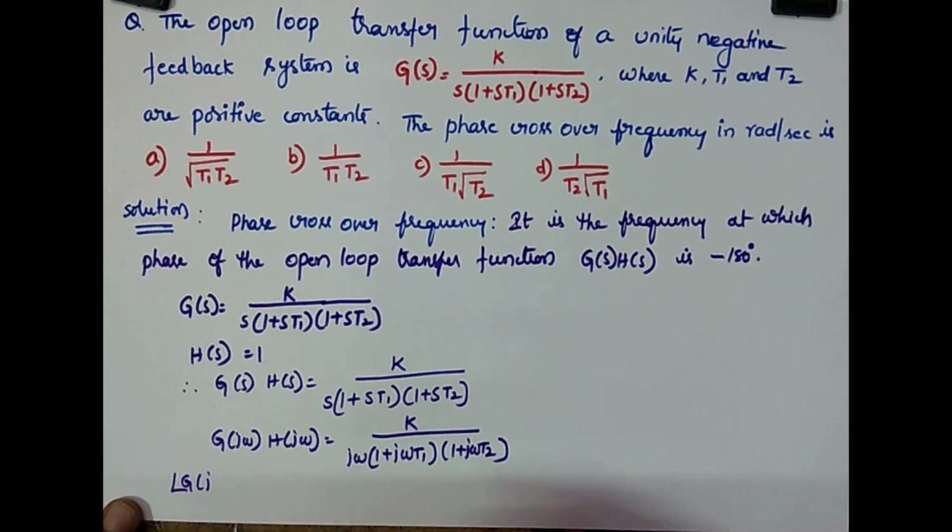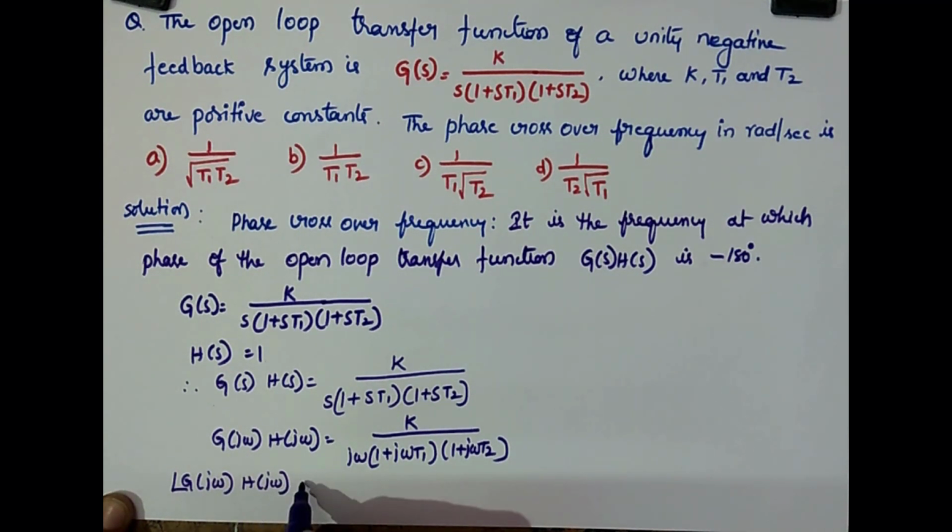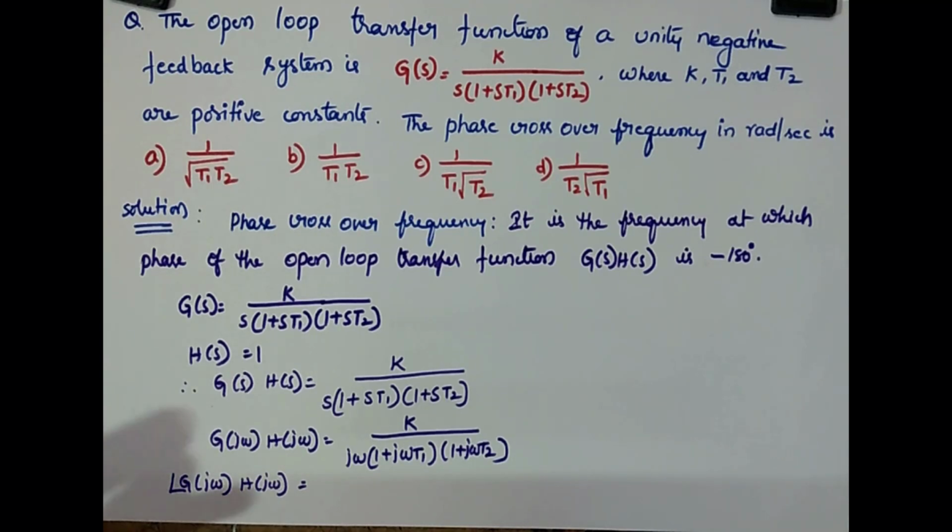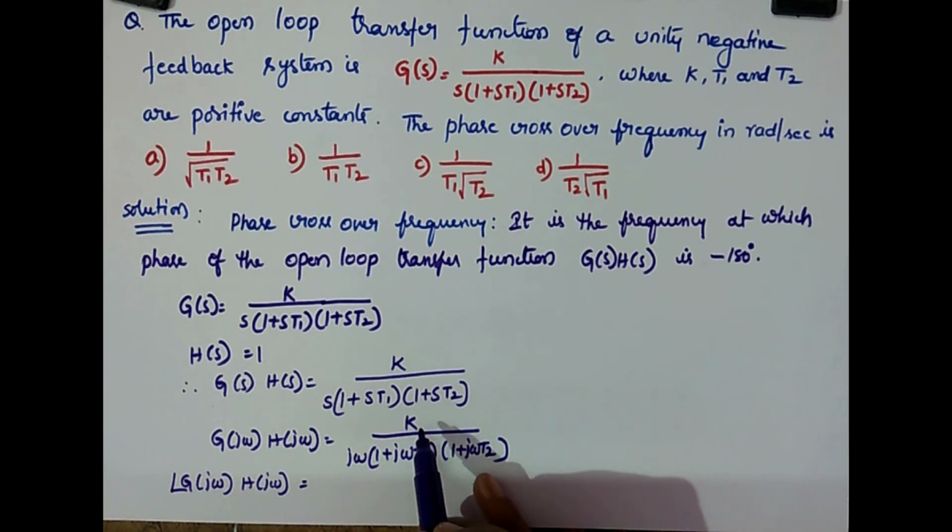Then the angle of G(jω)H(jω). You have to apply angles for both numerator and denominator. For the numerator, there is no angle, so you can leave it. How to find the angle? Tan inverse of imaginary part by real part. In the numerator you have only a constant, meaning only a real part; the imaginary part is 0, so tan inverse of 0 by K is 0.